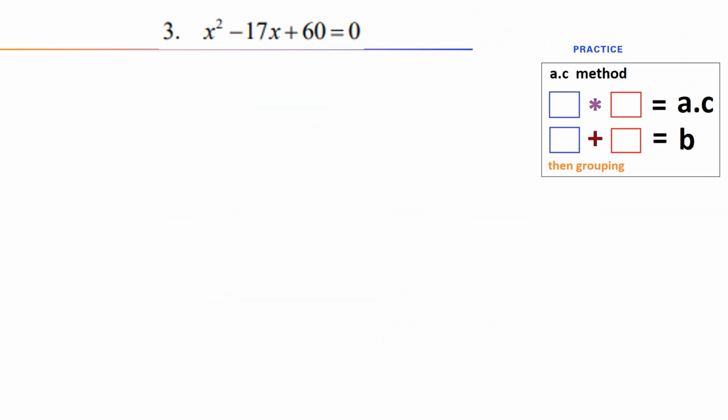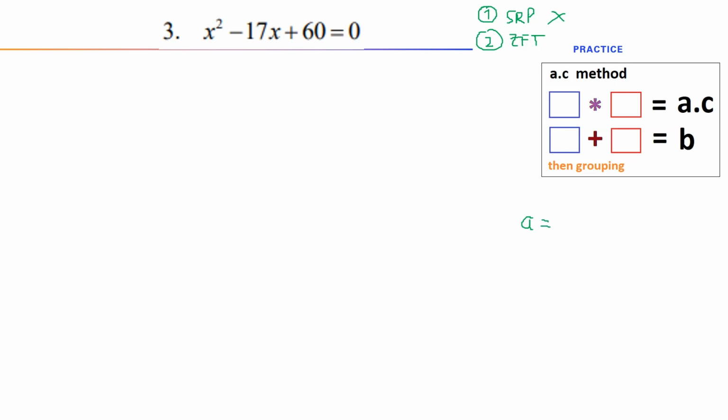Alright, so now we have to check the square root property. We have more than 2 terms, so this one, nope, right? Number 2, we have 3 terms. Yes, it may be the zero factor if we can factor the expression on the left hand side. So let's check it.